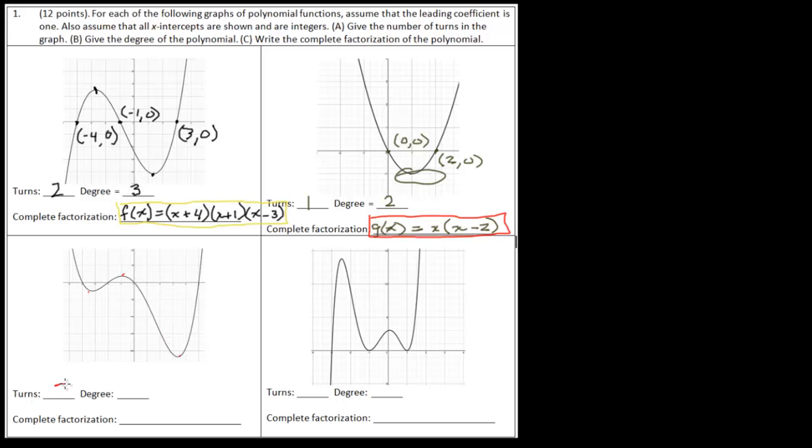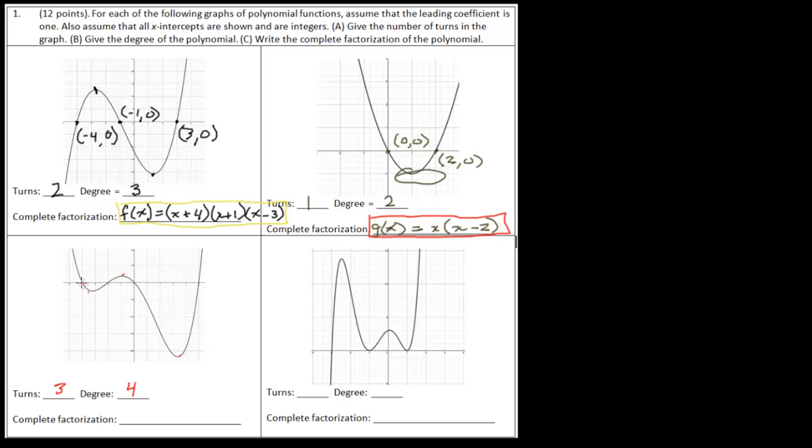Now, this next one, we see 1 turn here, 1 turn here, 1 turn here. There are 3 turns. We should be looking for at least a 4th degree polynomial. It could be higher, but usually you'll see one more than every turn. If it's 4th degree, we're looking for 4 zeros.